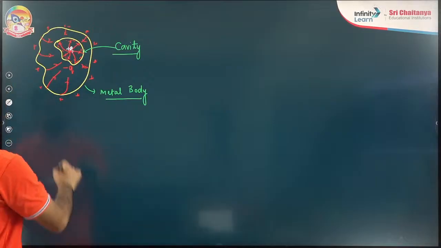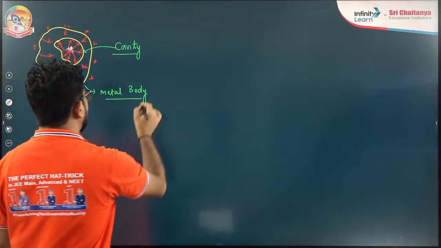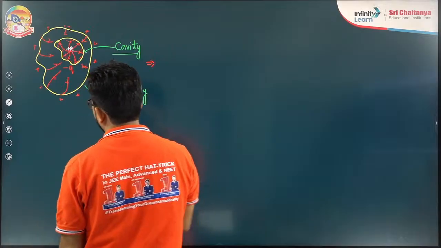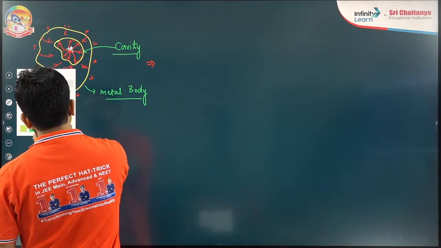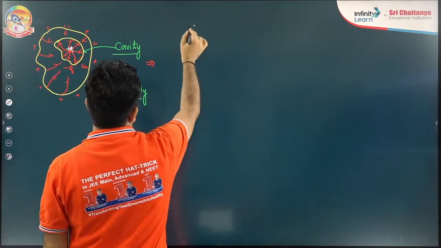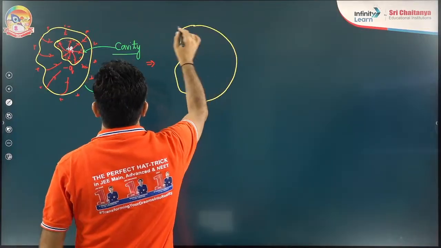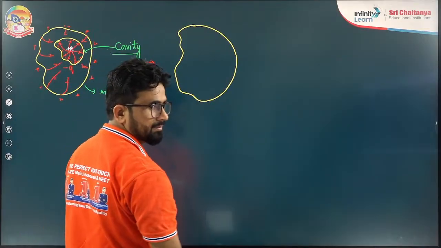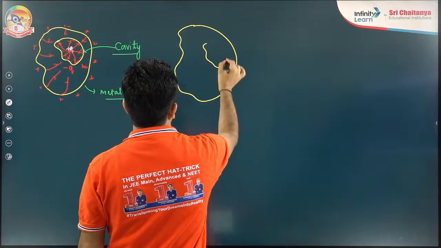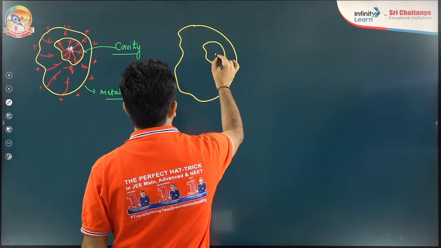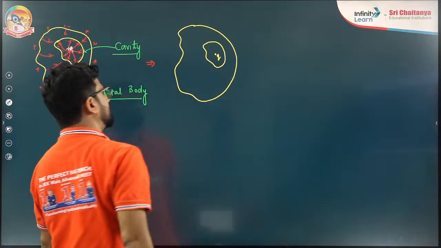Okay, so I am repeating again. I am making the diagram again, a clear diagram that you have to understand. Please focus. Suppose this is one cavity here, and in this cavity I am putting a positive point charge.